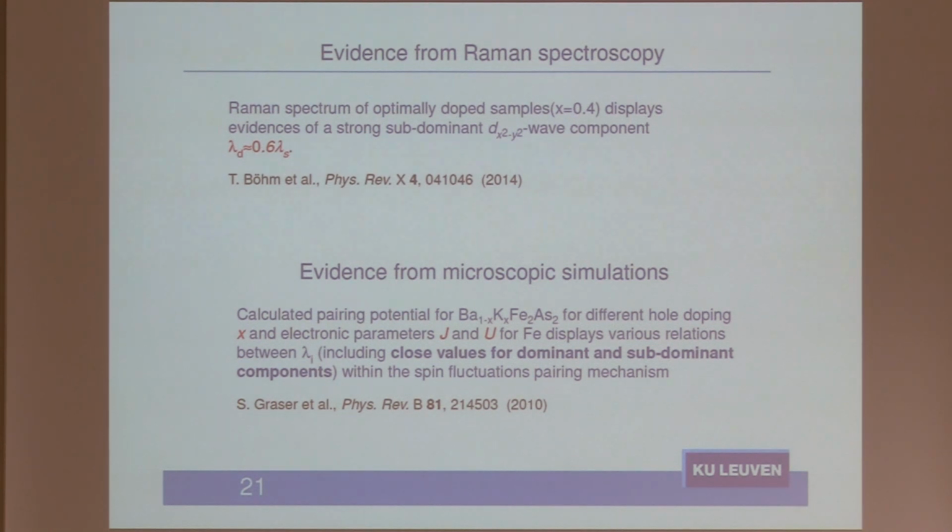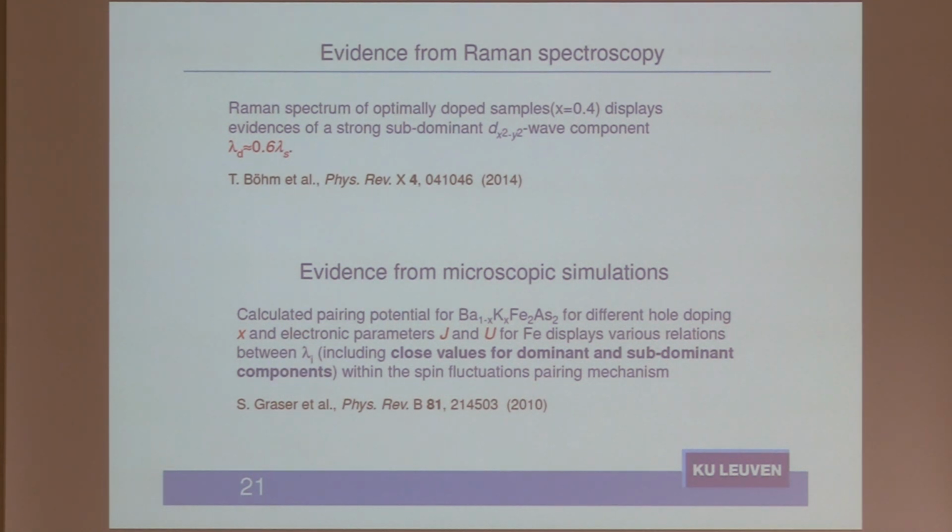There were also some simulations based on the spin fluctuation mechanism of these different components, and they obtain them as a function of J and U. These are the two parameters, the electronic repulsion parameter and the exchange in this system, and for some values of J and U they can obtain close values of the dominant and subdominant components.